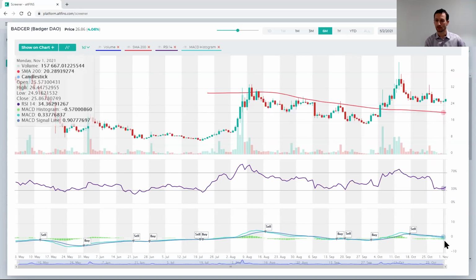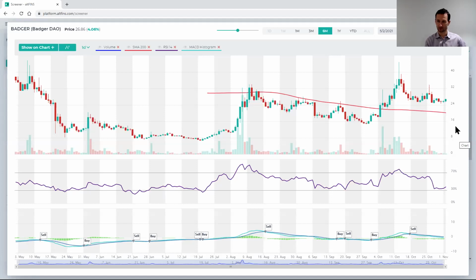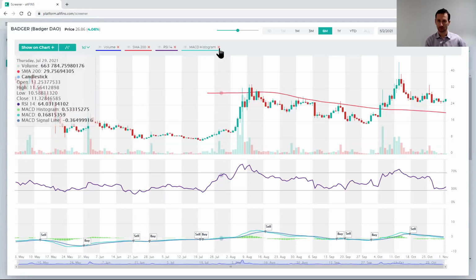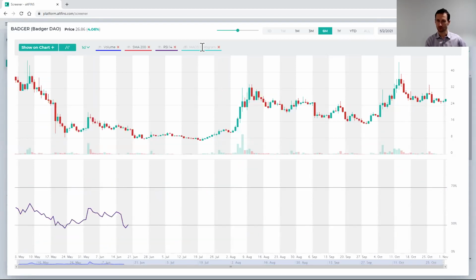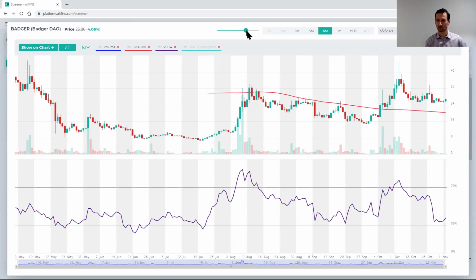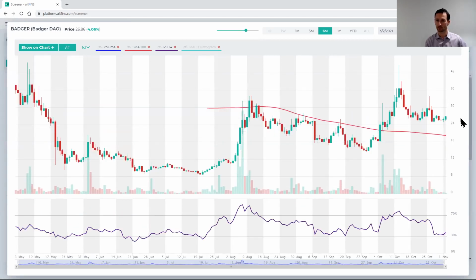The MACD indicator's not doing much, kind of flattish, but that's not really the key here. This screen doesn't really use MACD, so I can even remove it from this picture. Really what I need to identify is where the support is, because clearly the price is in an uptrend, but it's pulling back and trying to find a support level.